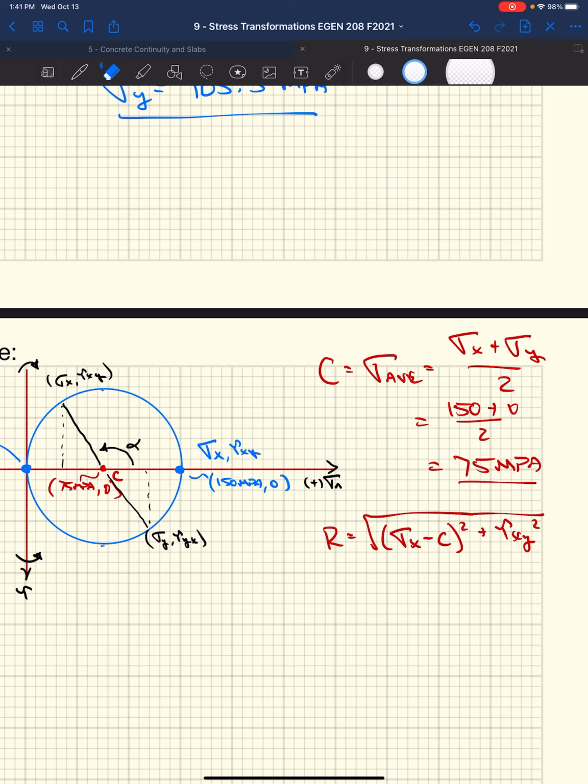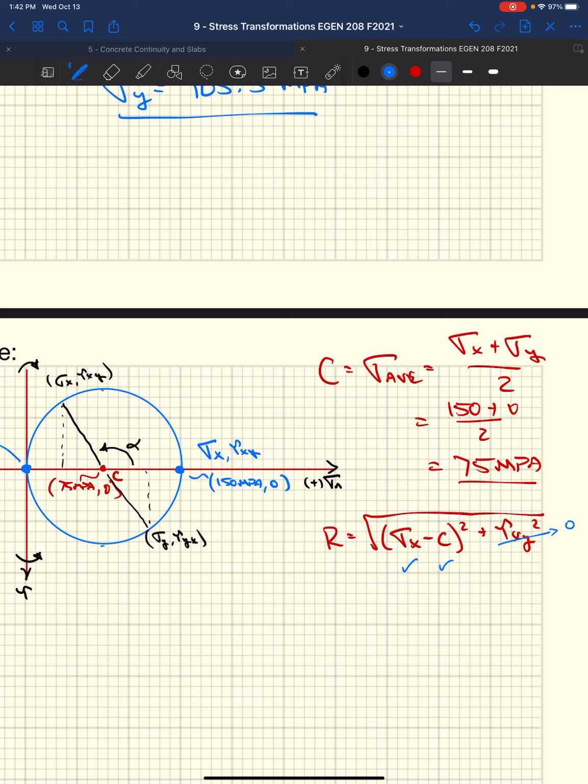So, sigma x minus the center squared, right? Essentially figuring out what's our x coordinate and what's our y coordinate. Pythagorean theorem, right? Square root of the sum of the squares. That'll give us our radius. So in our case, we know sigma x, we know the center, and we know tau xy is 0, right?